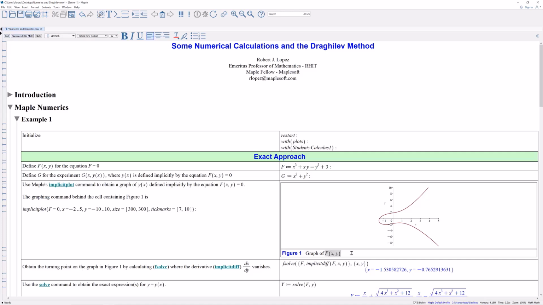The code is actually hiding behind this cell. I'll show once where or how you can get at that command. It's hiding here in format table properties.